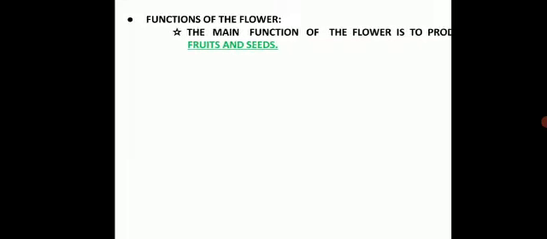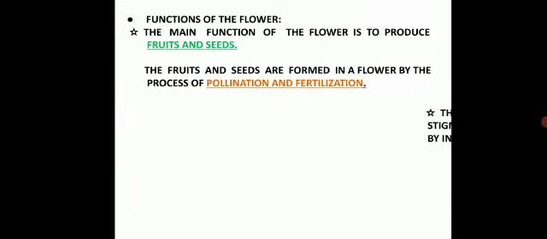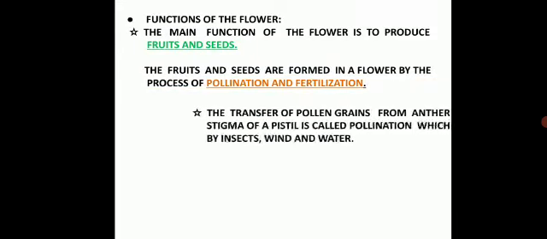Now say the functions of the flower. The main function of the flower is to produce fruits and seeds. The fruits and seeds are formed in a flower by the process of pollination and fertilization. So what is pollination?